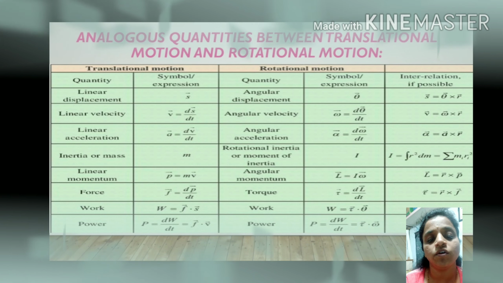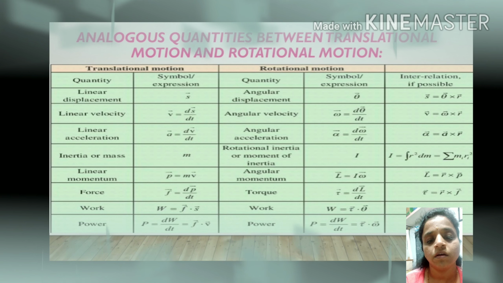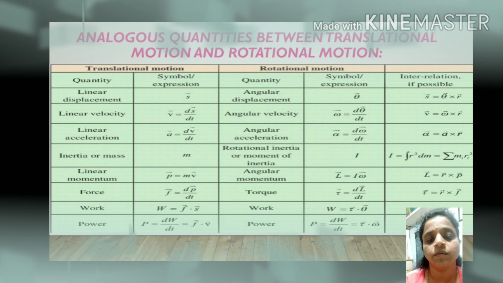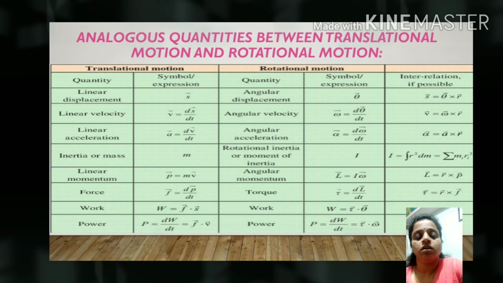So F bar dot V bar will come. And similarly, power in rotational motion, P is also equal to dW upon dt, the rate of change of work. So this is all.